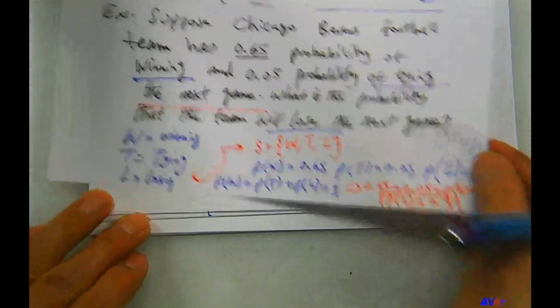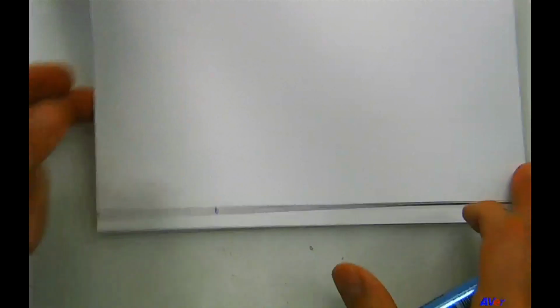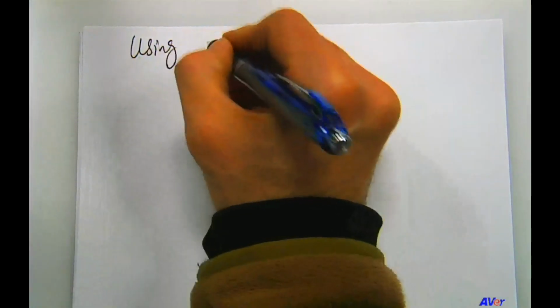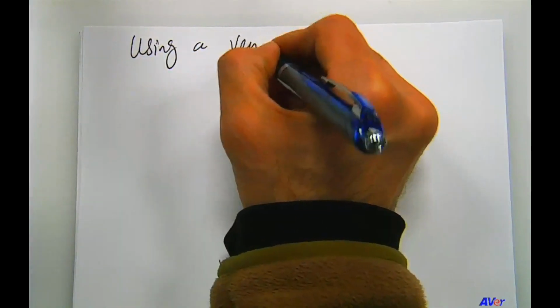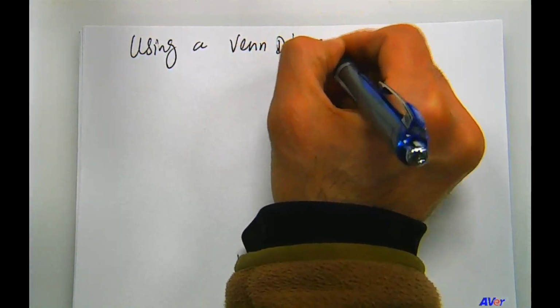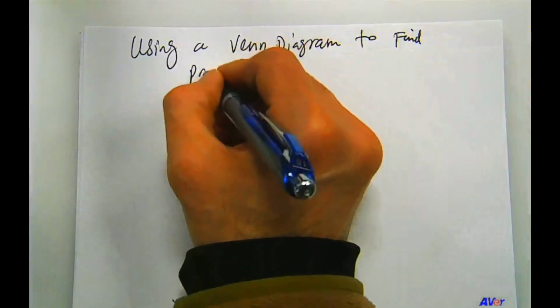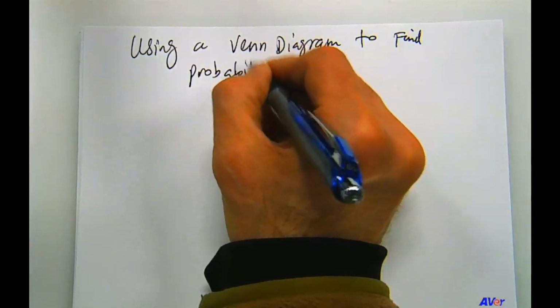So let's use another example which uses a Venn diagram to find probability.